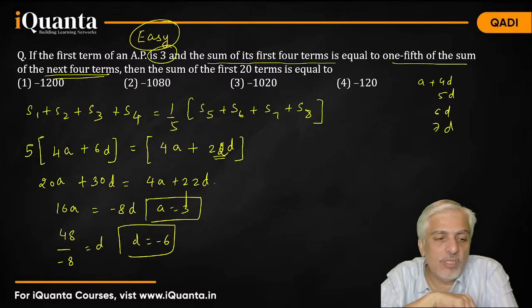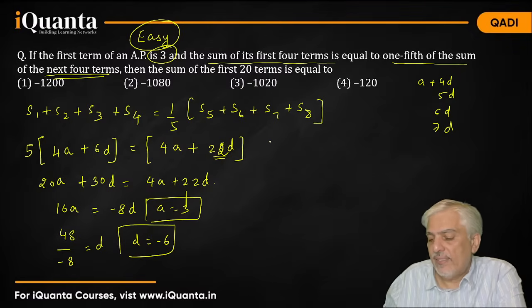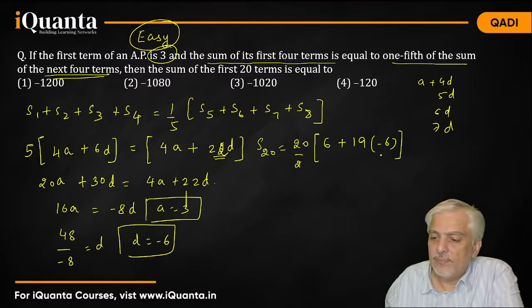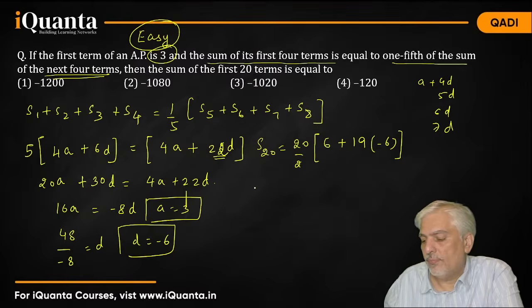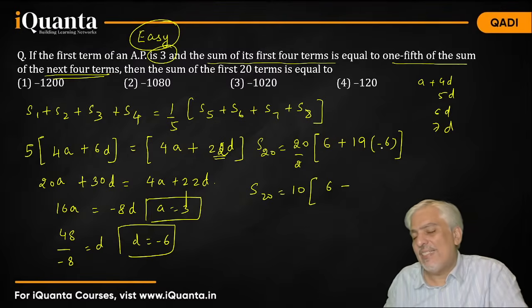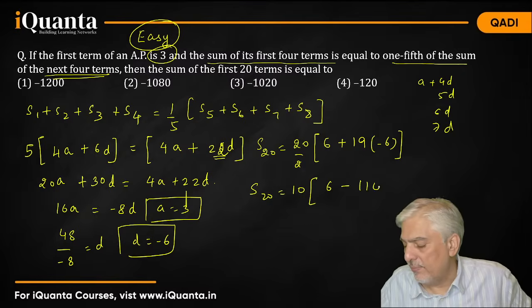Now what have they asked for? The sum of the first 20 terms, S20. S20 is n upon 2 into 2A plus n minus 1 into D. Ten into 6 minus 19 times 6 is 114.